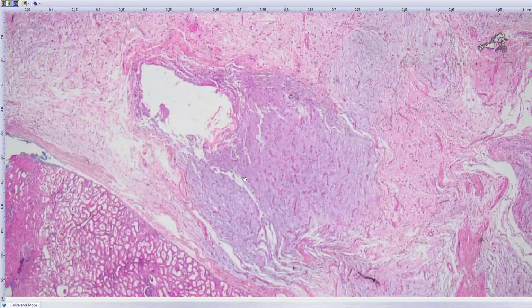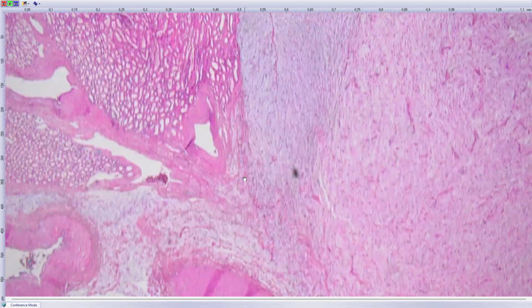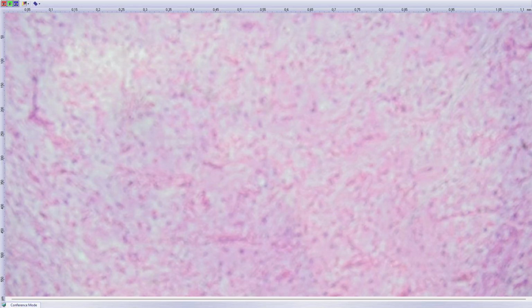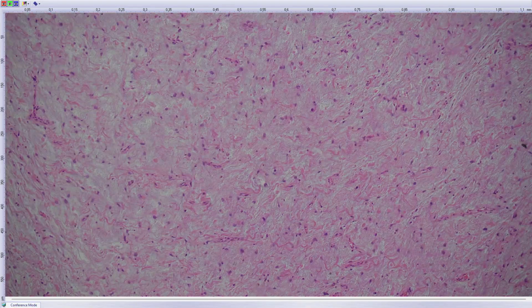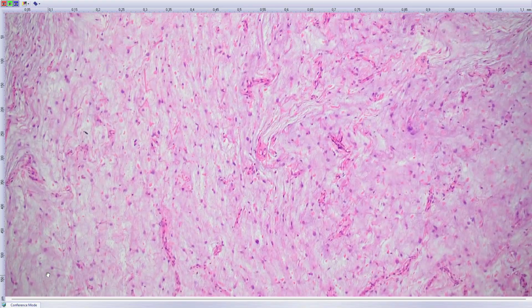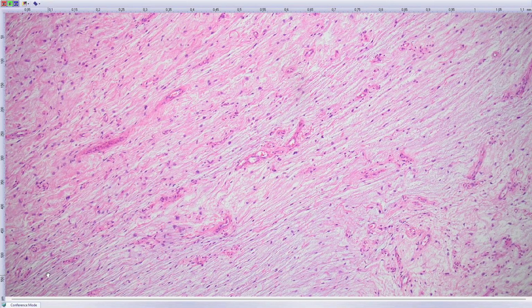It was excised with a part of the kidney. And when you see this morphology, and the morphology was the same everywhere around the kidney, what would be a suggestion?